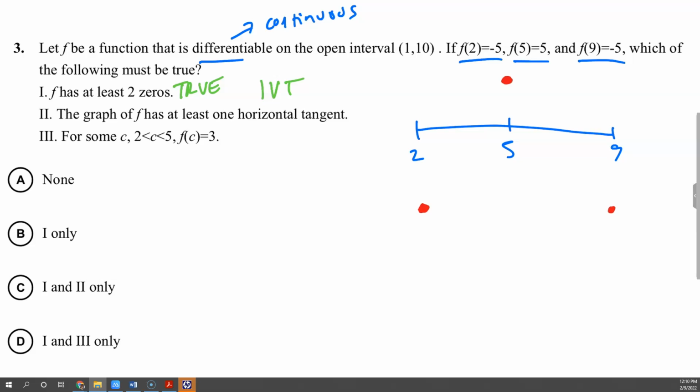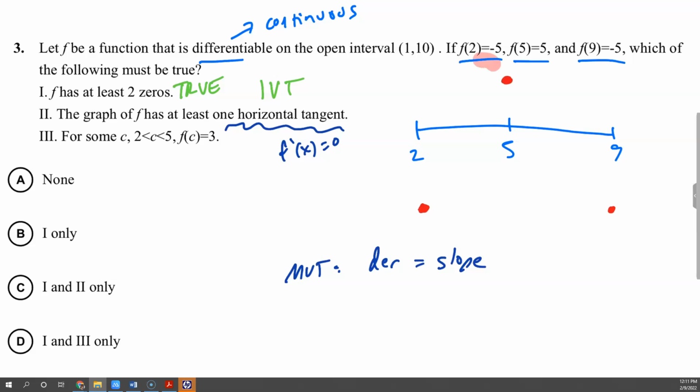Does it have at least one horizontal tangent? Okay, let's think about this. So Tyler, this is the one that you were just recognizing, right? Mean value theorem: the derivative has to equal the slope between the endpoints. In order to have a horizontal tangent, the derivative at that point would have to be 0.